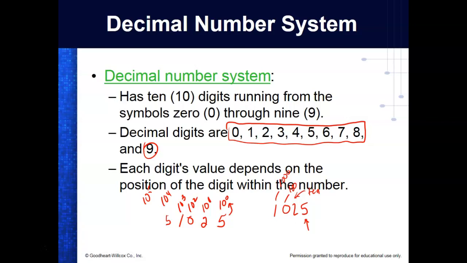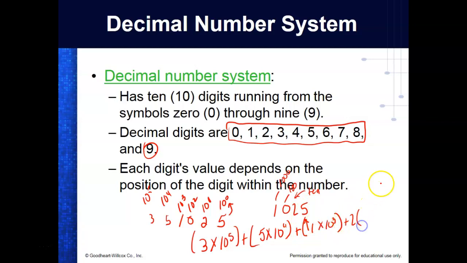Everybody understand that? So if I did this in positional notation, let's say I put a 3 out here. In positional notation, I'd say 3 times 10 to the 5th plus 5 times 10 to the 4th plus 1 times 10 to the 3rd plus 2 times 10 to the 1st.